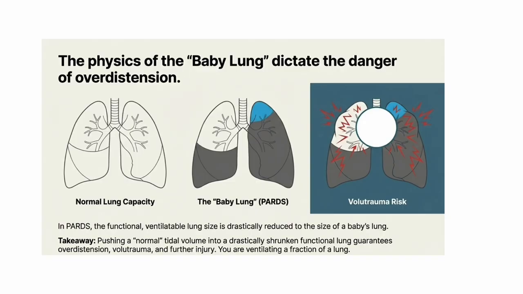What remains is only a small fraction. And yet, we often ventilate it as if it were normal. This is the mistake. The volume is not too large. The lung is too small. So where does the air go? Into that tiny region.